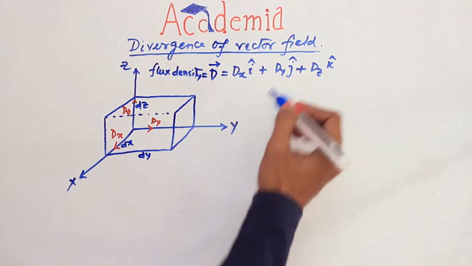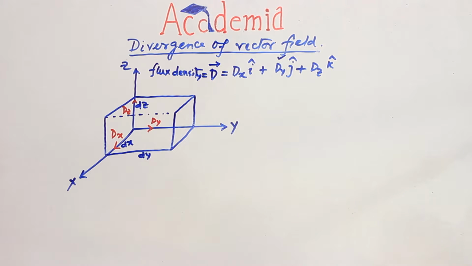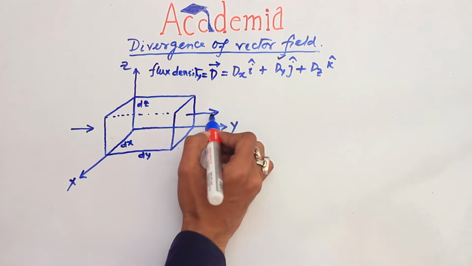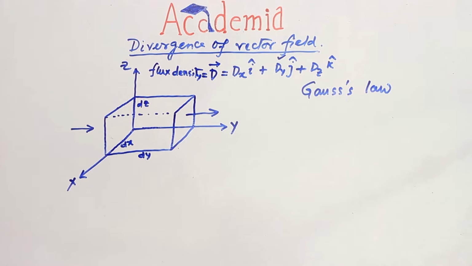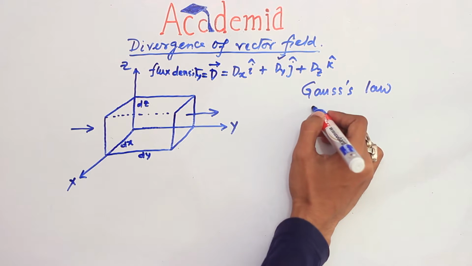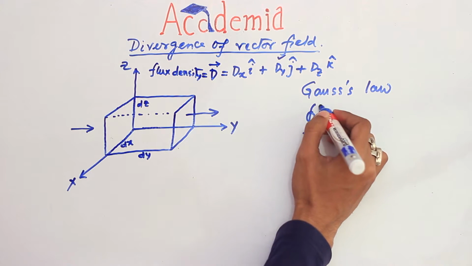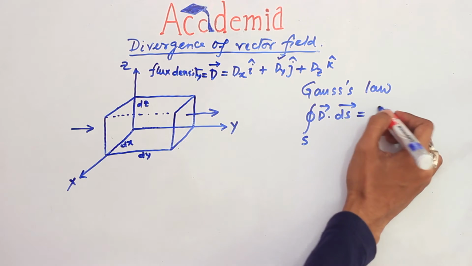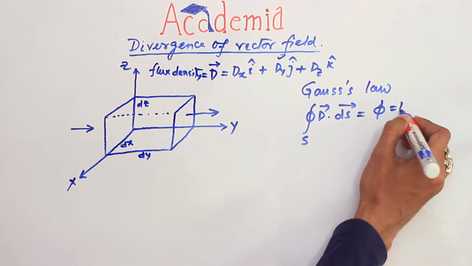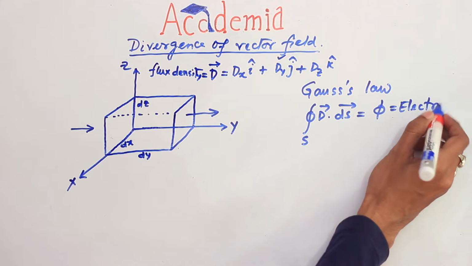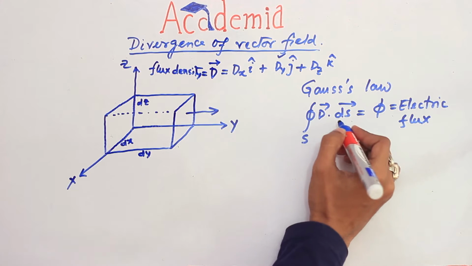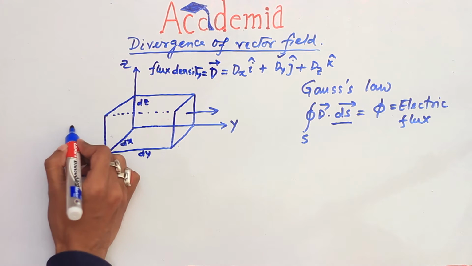Let us consider that Dy component first. Dy enters from left and leaves the volume in right. From Gauss's law we know the closed surface integration of D over the surface is equal to phi, which is electric flux. dS is the area through which the flux passes.